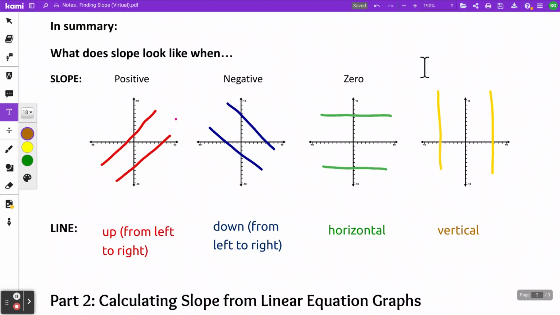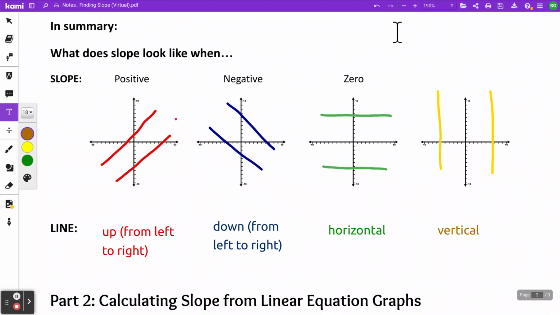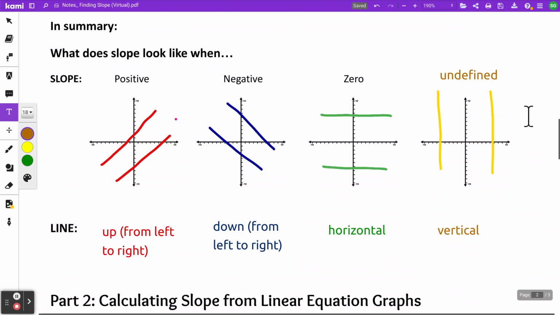Now notice we're out of numbers. All numbers are either positive, negative, or 0. Any number you're thinking of in your head is going to fall into one of these categories. So there are no other numbers we can use. So for lines like these, we say the slope is undefined. That means there is no number you can use to define the slope.